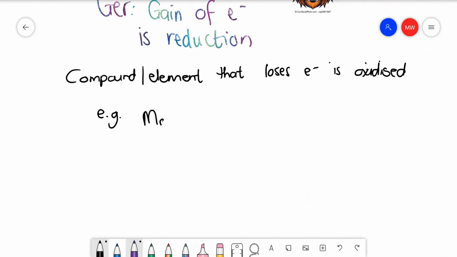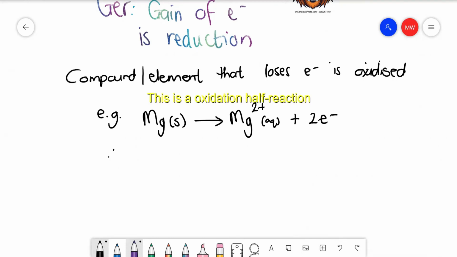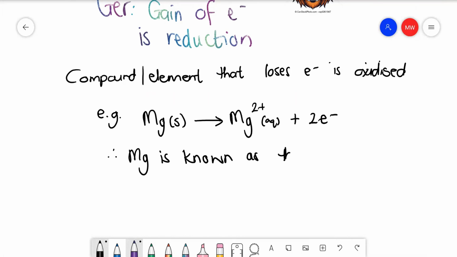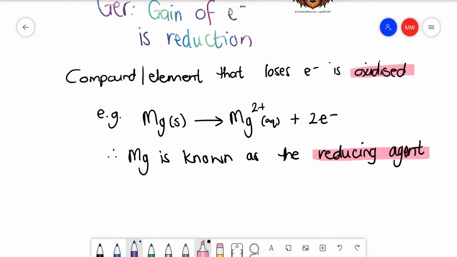It goes from a solid state to an aqueous form of magnesium, which is 2+ because it is in group 2 of the periodic table. So it loses 2 electrons, and this is an oxidation half reaction. We then say that magnesium was the reducing agent. So the compound that is oxidized is always the reducing agent.